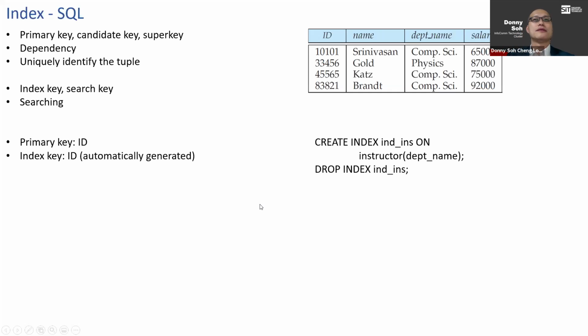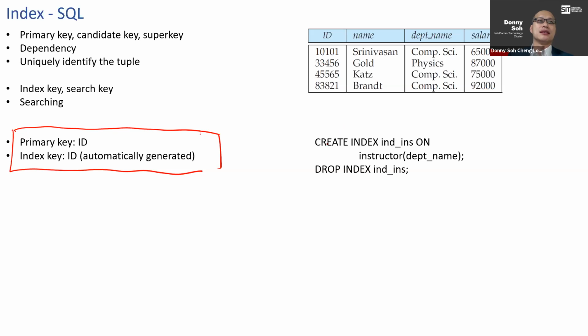This is an example of how we create an index. In this scenario, an index is automatically built on the primary key.